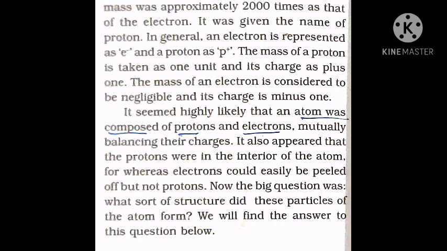The mass of an electron is considered to be negligible and its charge is -1. So, an atom was composed of protons and electrons mutually balancing their charges. It also appeared that the protons were in the interior of the atom, whereas electrons could easily be peeled off but not protons.